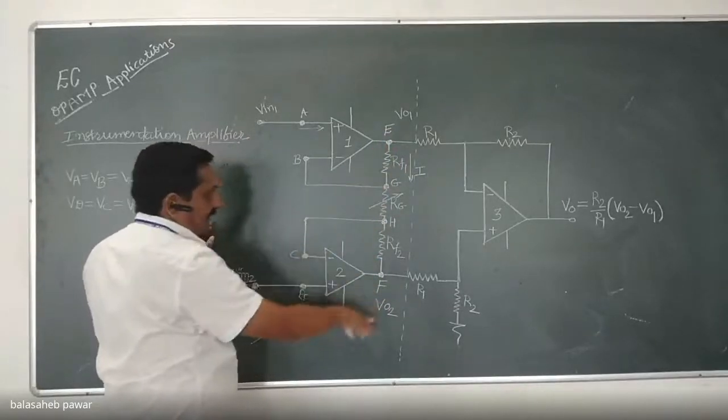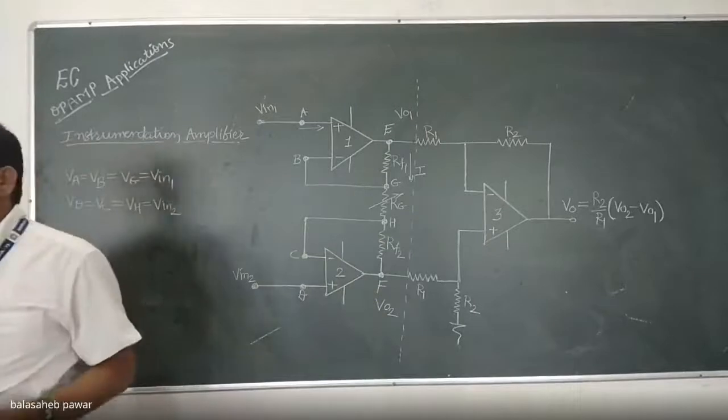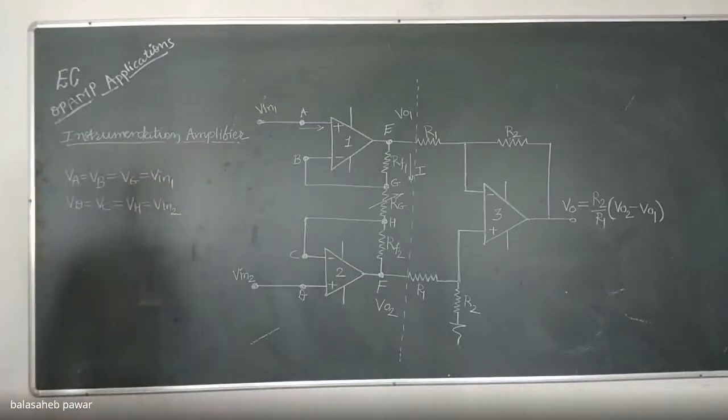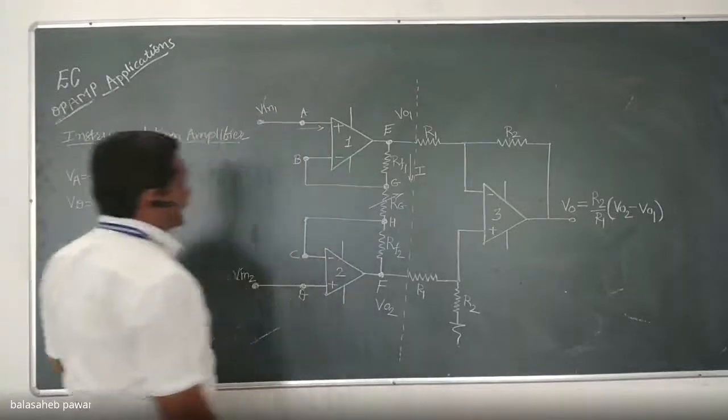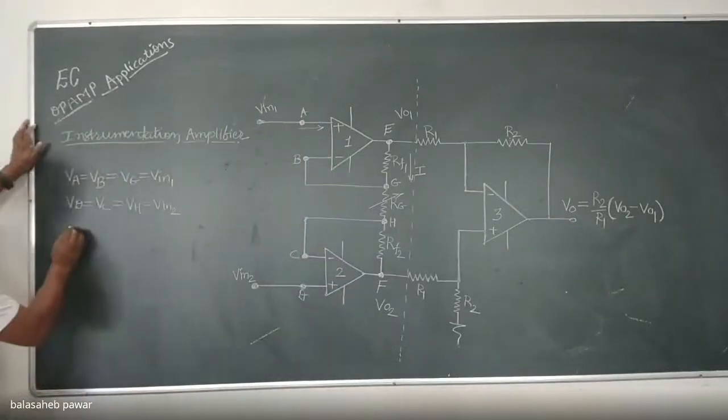That I is nothing but the potential difference across that series combination of resistors divided by the total resistance of those resistors. So we can write that I equals VO1 minus VO2 divided by RF1 plus RG plus RF2.